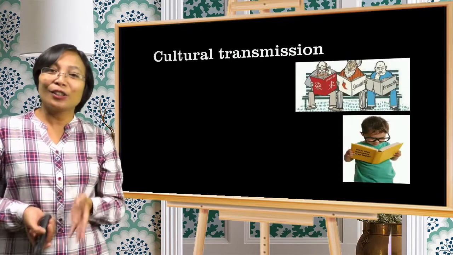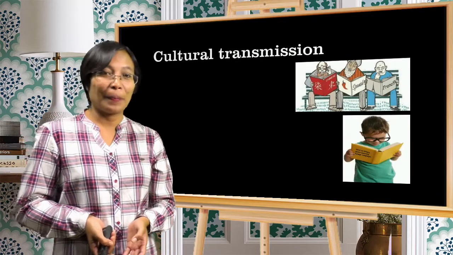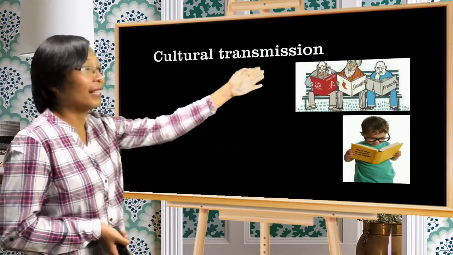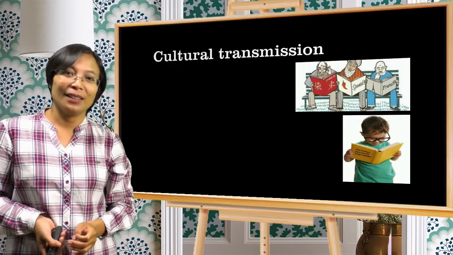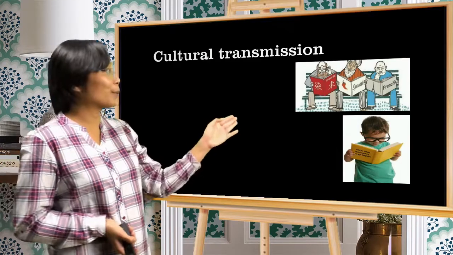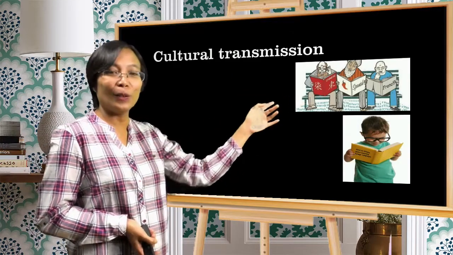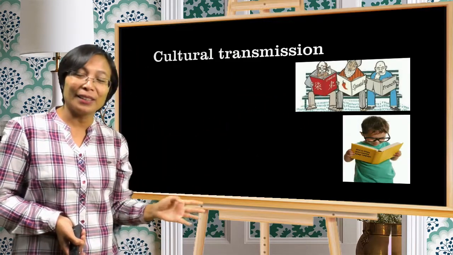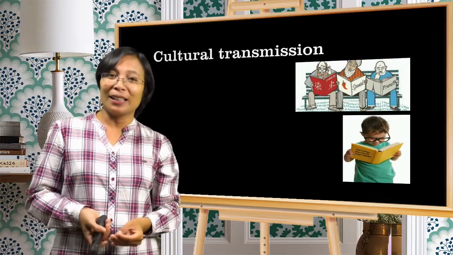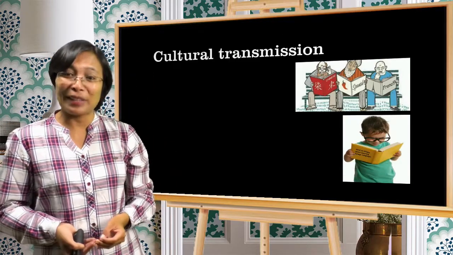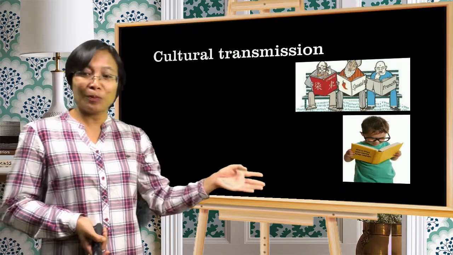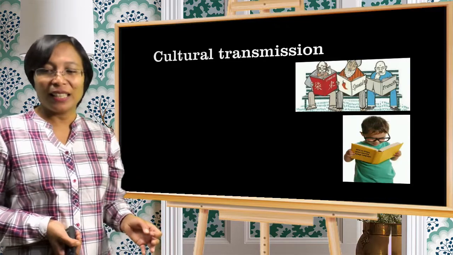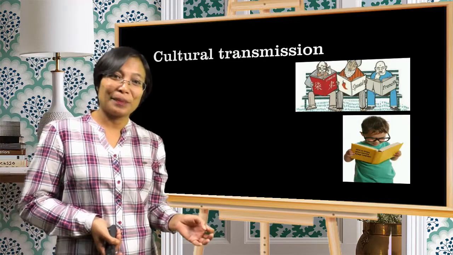Next is cultural transmission. What can you see in the two pictures here? What happens to the three old men over there and the boy? It seems like they are learning something, right? If you see the man in blue, he is learning French.